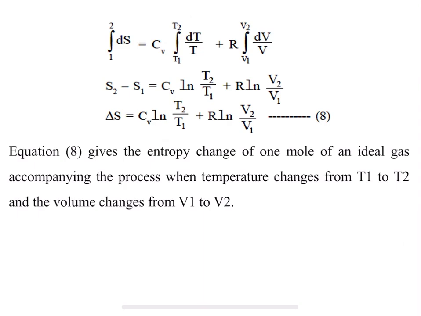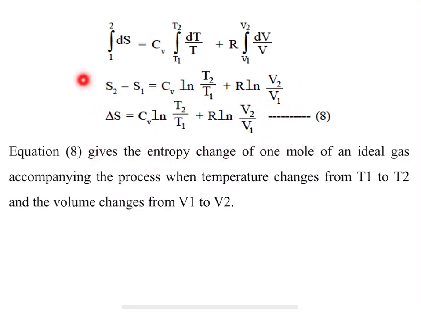So delta S from limit 1 to 2 equals CV integral from T1 to T2 of dT divided by T plus R integral from V1 to V2 of dV divided by V. Removing these limits, we can write S2 minus S1 equals CV ln T2 divided by T1 plus R ln V2 divided by V1.